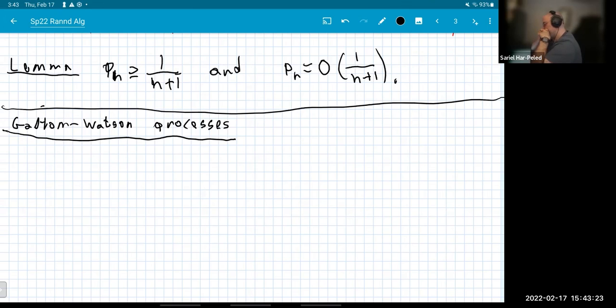So the basic idea is that males carry the family name, and the Galton-Watson process starts with a single node, which is the ancestor that begins the family name, and then they have children. The male children carry the family name.